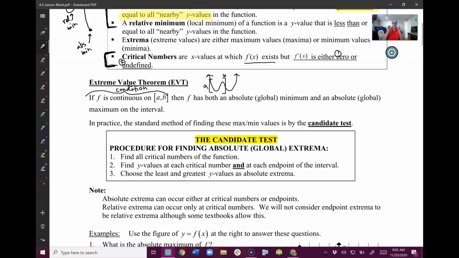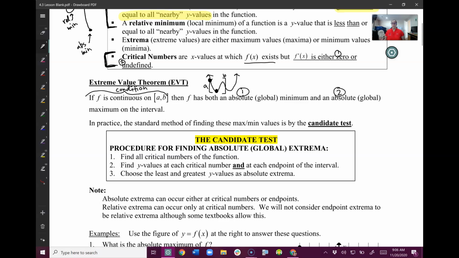So you're only taking an interval of a function, and notice it's a closed interval of the function, and it needs to be continuous on that whole interval. Then f is guaranteed to have both an absolute minimum and an absolute maximum. So, for example, on this function, if I've restricted it to this, there's my absolute max, there's my absolute min. If I change my interval, those absolutes might change.